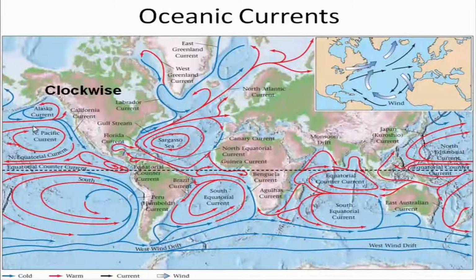So this is important. If we look to the north of this equator line, most of the regions will have clockwise movement of the oceanic current, whereas the southern side will have counterclockwise motion.